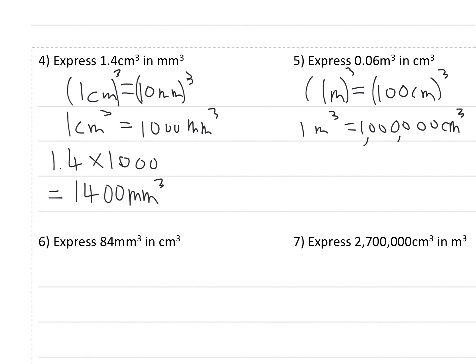So to change from meters cubed to centimeters cubed, we have to multiply by 1,000,000. So we get 0.06, we times that by 1,000,000. That will give you 1, 2, 3, 4. Yep, that's right.